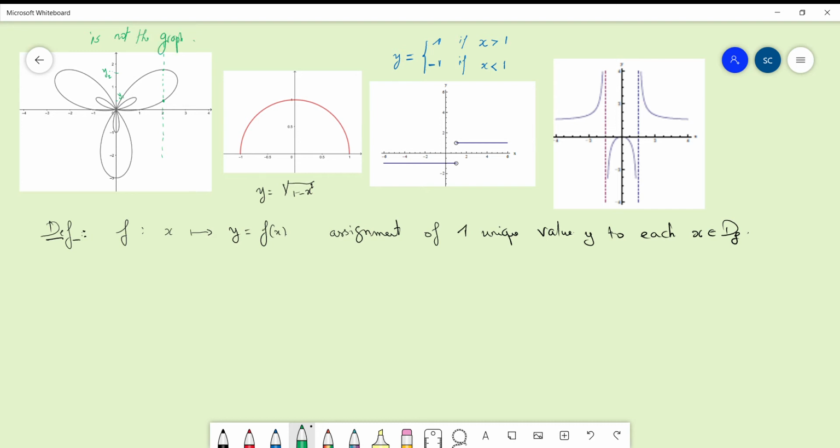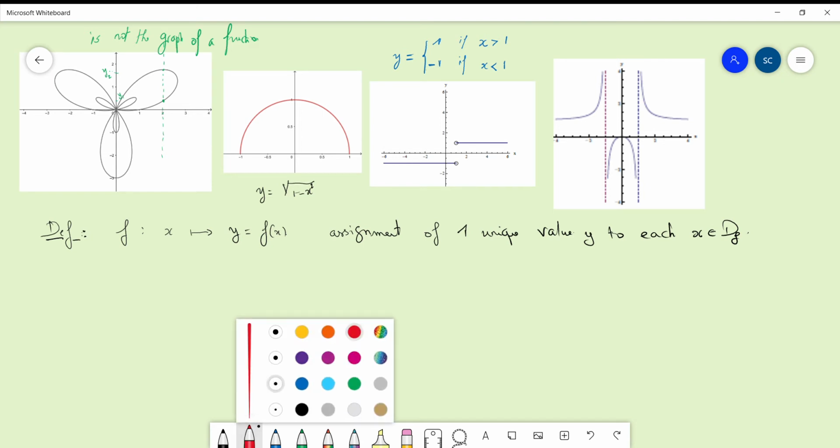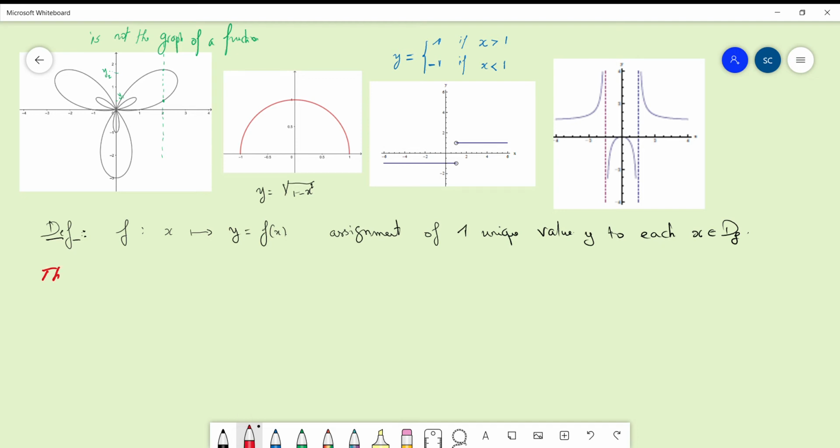This is the way we check graphically if a graph can be a function or not. It is what we call the vertical line test.